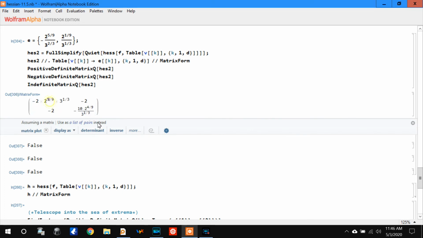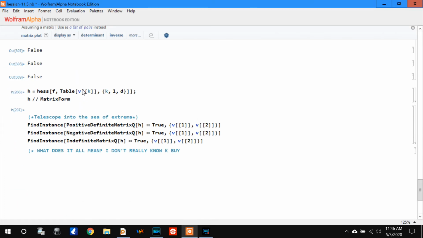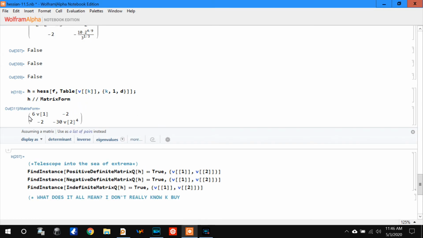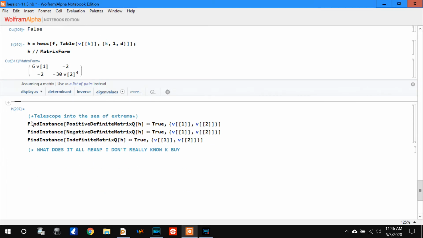I've never seen that matrix with those kind of numbers in there. So this is the Hessian in matrix form. There you go, and those are the variables. And then if we want to put a telescope into the sea of extrema, we could ask ourselves, find an instance where it is positive definite, depending on the variables.